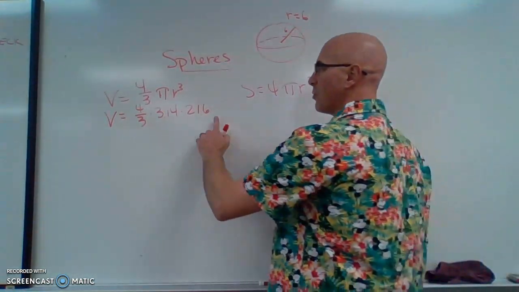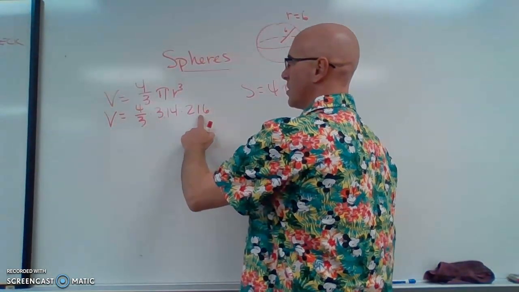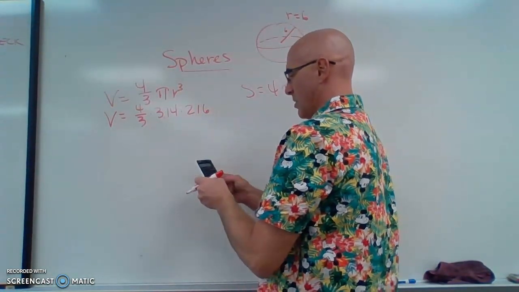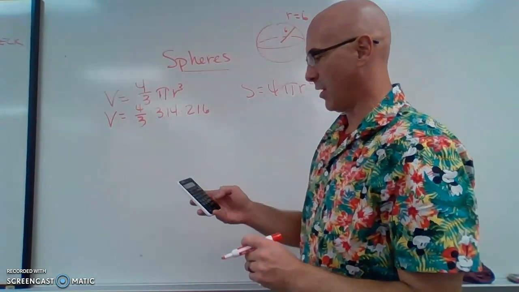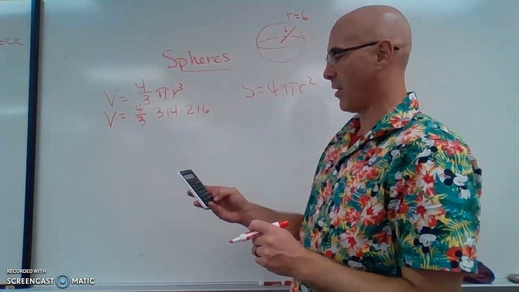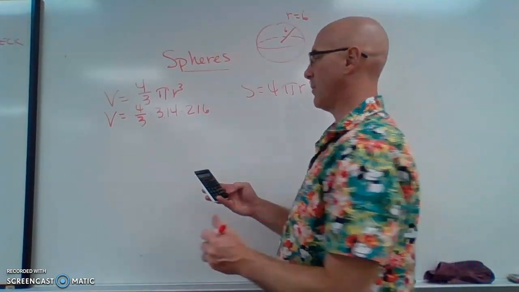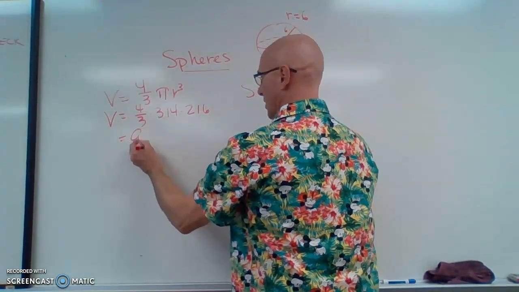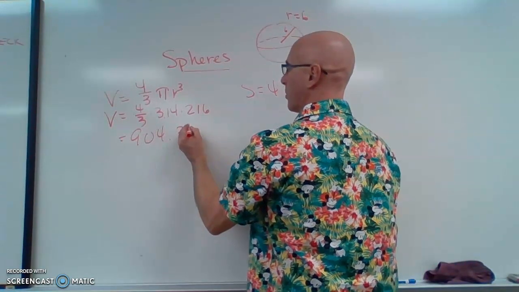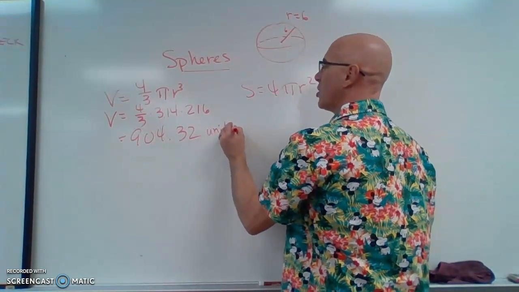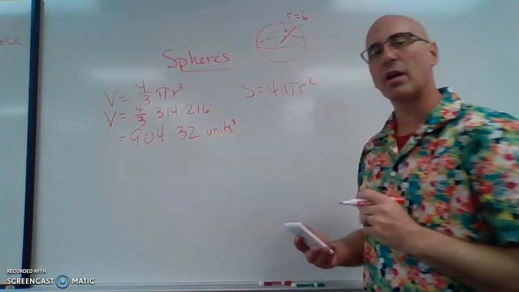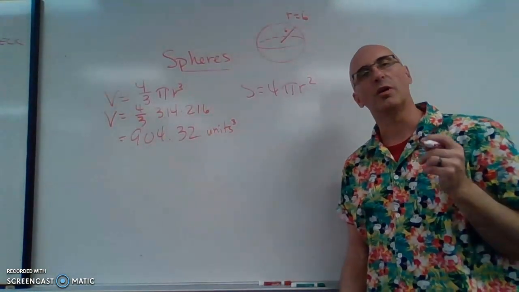Now if I multiply all of this together, I have 216 times 3.14, and now I'm going to multiply it by 4/3. So I multiply it by 4, divide by 3. So my volume is 904.32, and this is in cubic units. Whenever we're talking about volume, we are in cubic units.